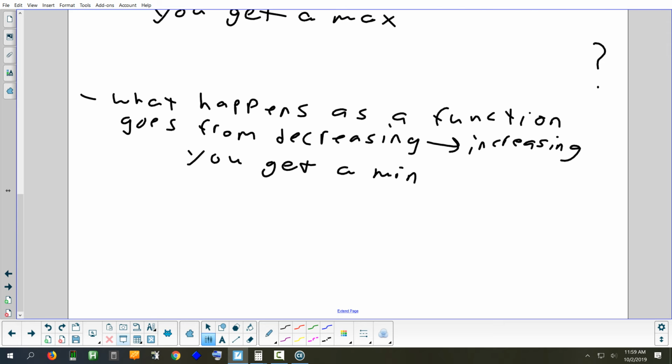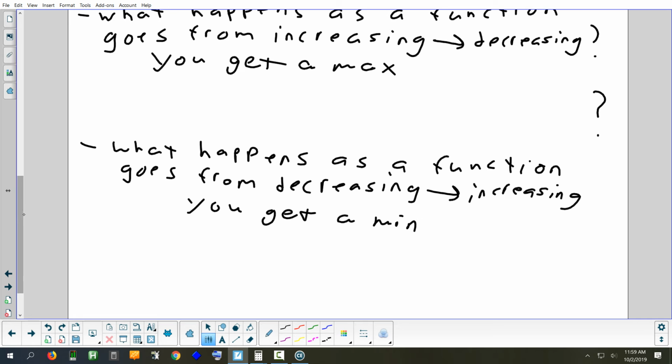So, when you have a question that asks you to describe where a function is increasing and decreasing, you have to find what I just showed you how to do. You have to find the mins and maxes. And I'll do one more, and that'll be our last one.